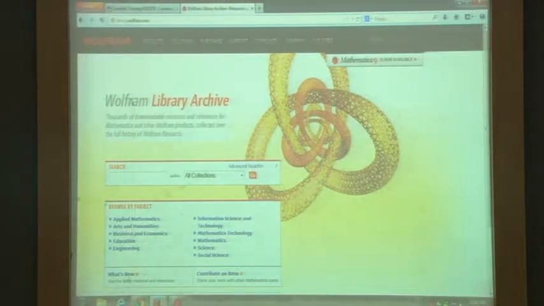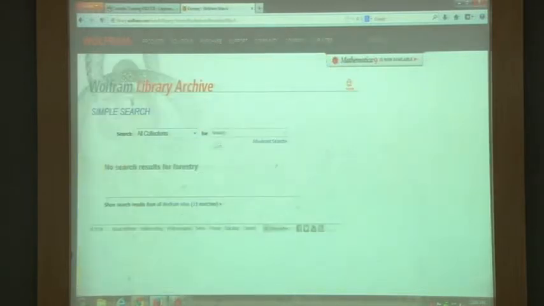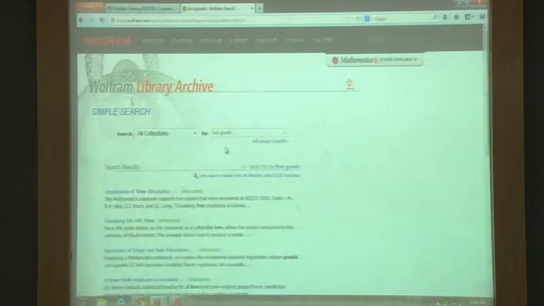Over here you can search for whatever topic you want. Forestry maybe. Let's try. Oh, for forestry there are no resources. What about tree growth? Yeah, there you go.